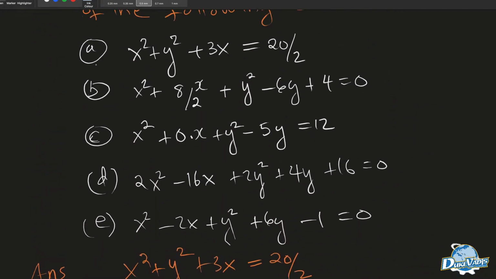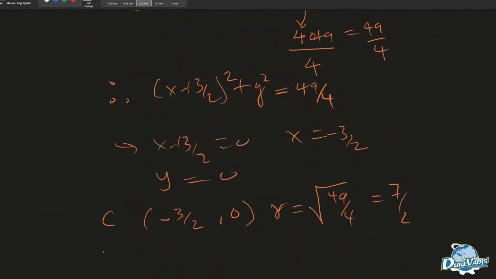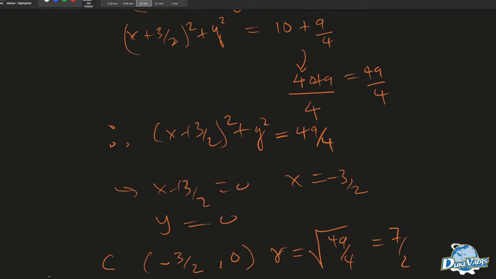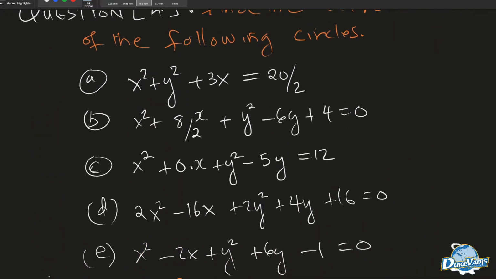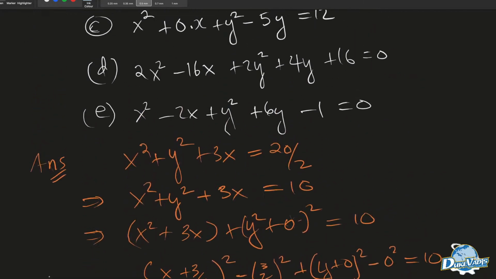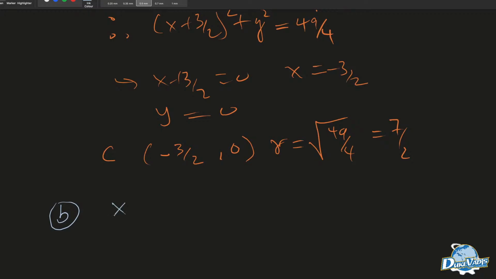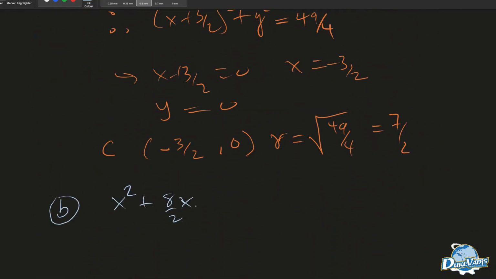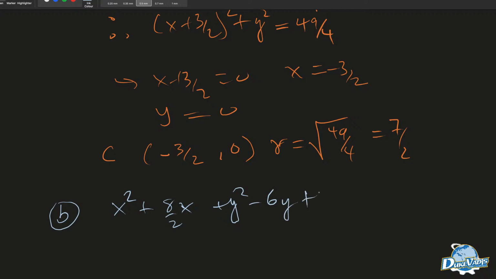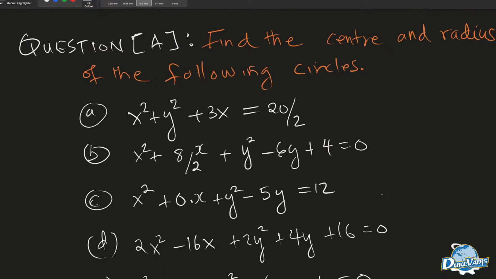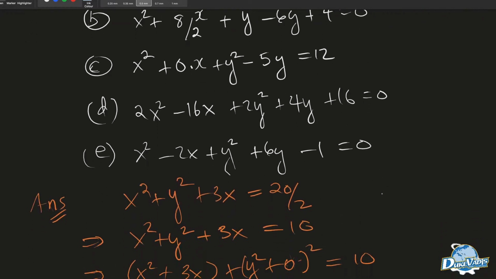So the second one is b, okay, so the b part is x squared plus 8 over 2x plus y squared minus 6y plus 4, and that is equal to what? Plus 4 is equal to 0.